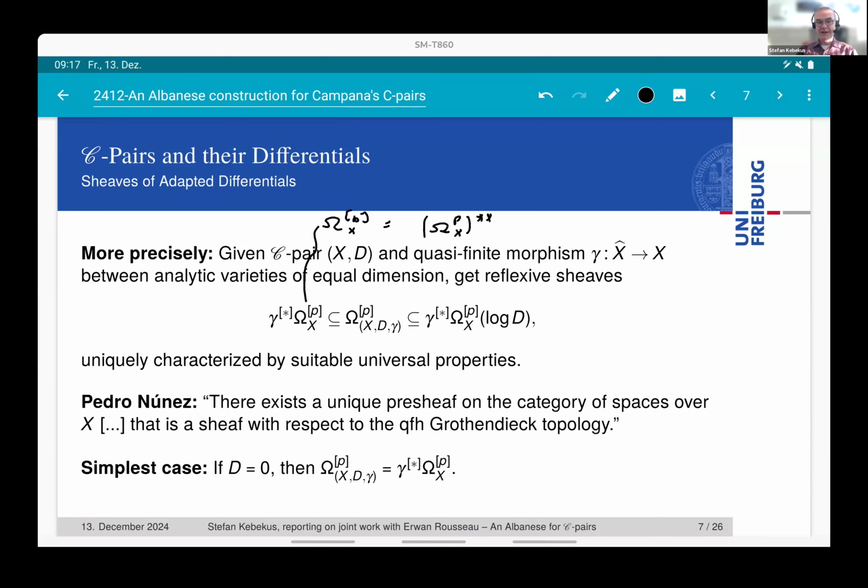And then by using standard tricks of category theory or some elementary construction, there's a way to define sheaves on arbitrary covers or quasi-finite morphisms. And this is the sheaf of adapted differentials, and this is the main player that we're looking at today.